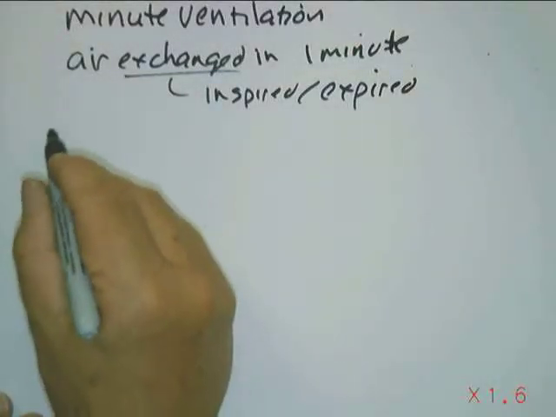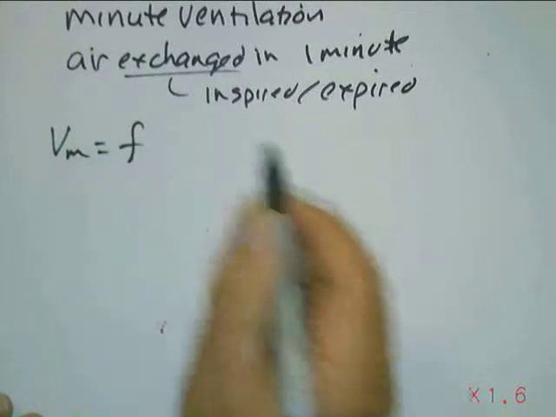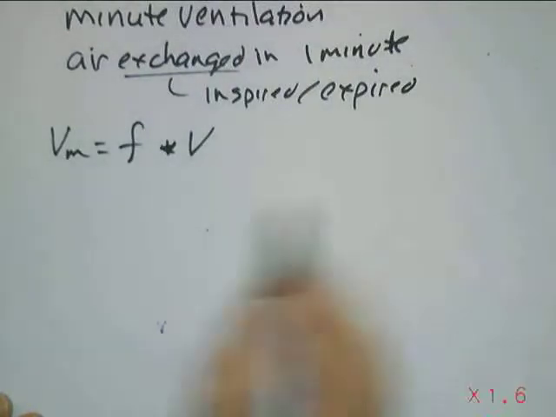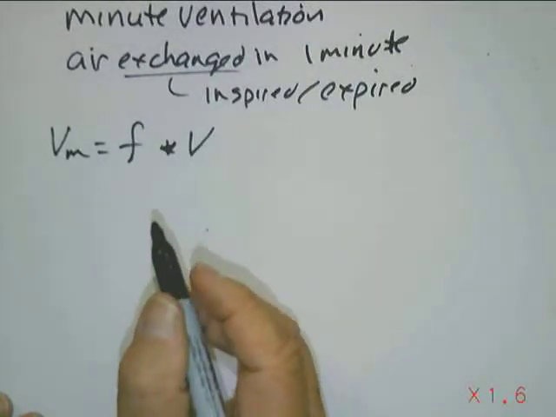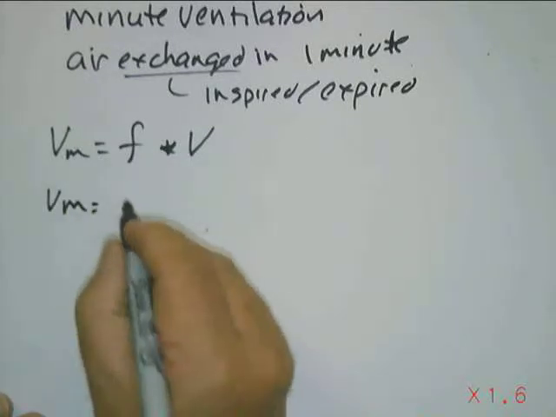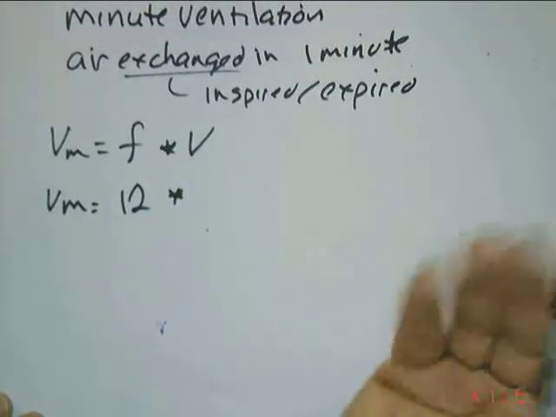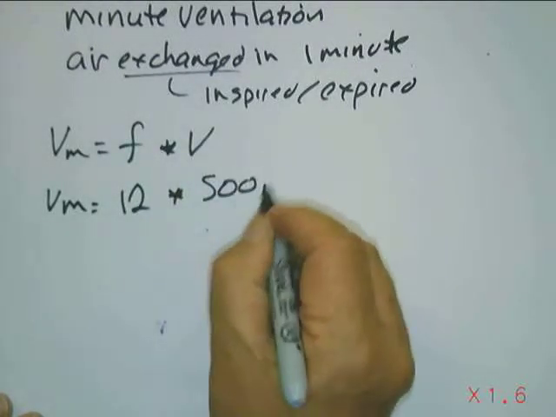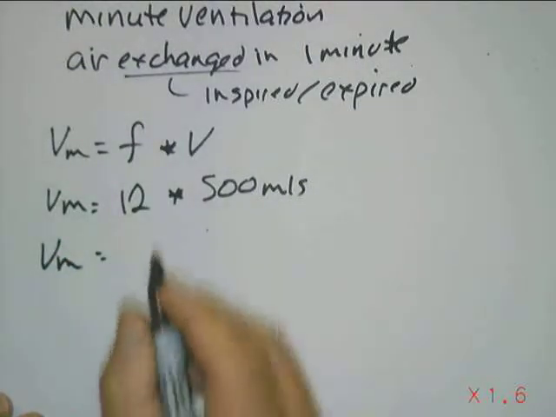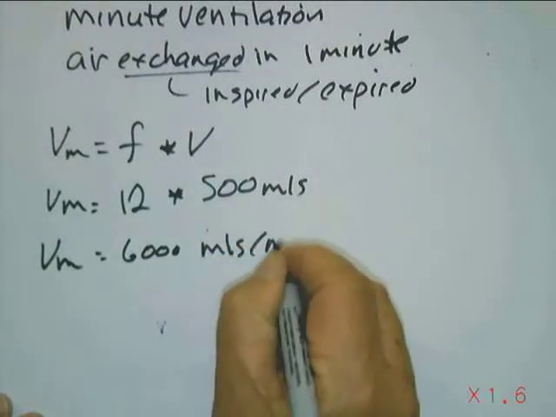The formula for minute ventilation rate equals the frequency of breaths times the volume of that breath. So if your frequency is 12 breaths per minute, and let's say we measure a tidal volume of 500 mils per breath, the minute ventilation would then be 6,000 mils per minute.